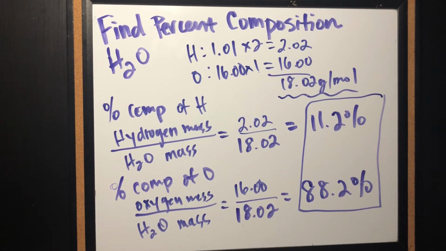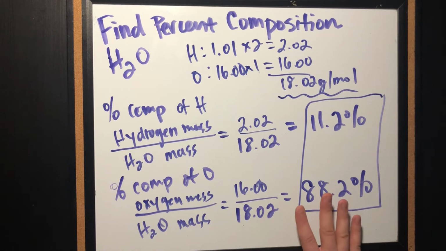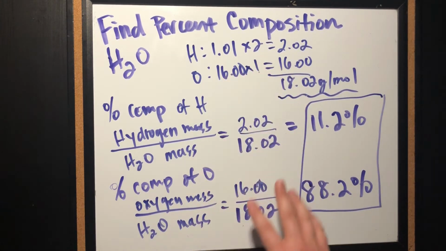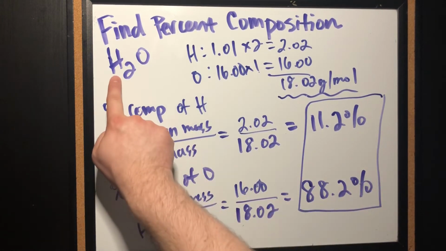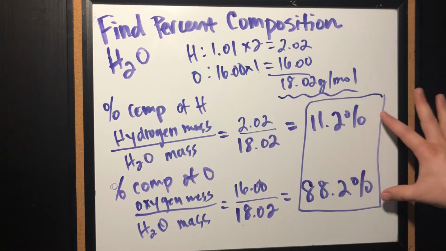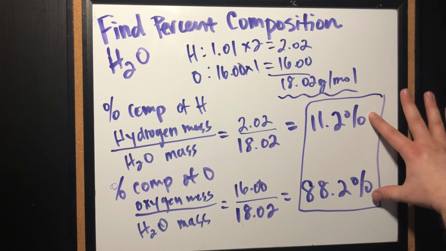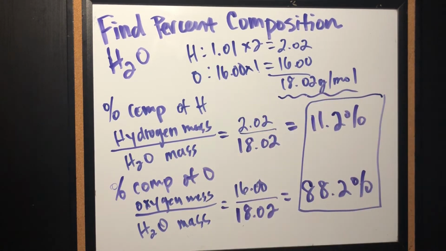However, this is where we have to define the difference between the empirical formula and the molecular formula. Something to keep in mind for percent composition, as of right now, you just have to figure out what the percent composition is of an element in a given compound. You will not be given these percent values and have to work backwards, but you could easily do that. It's not that difficult.